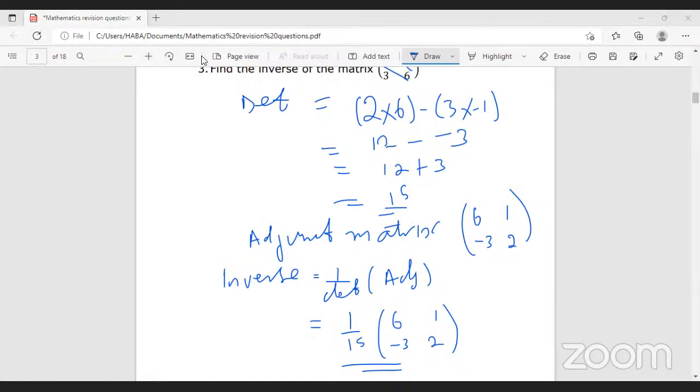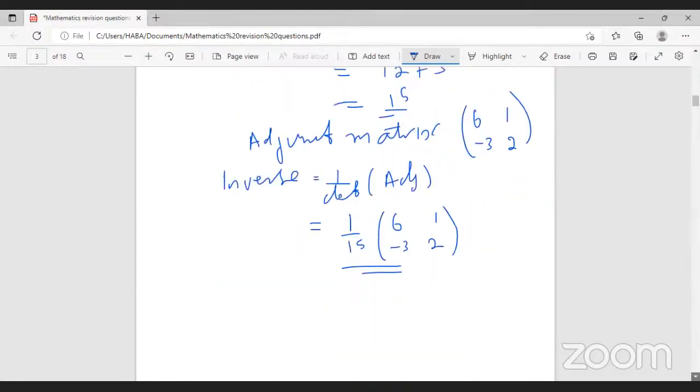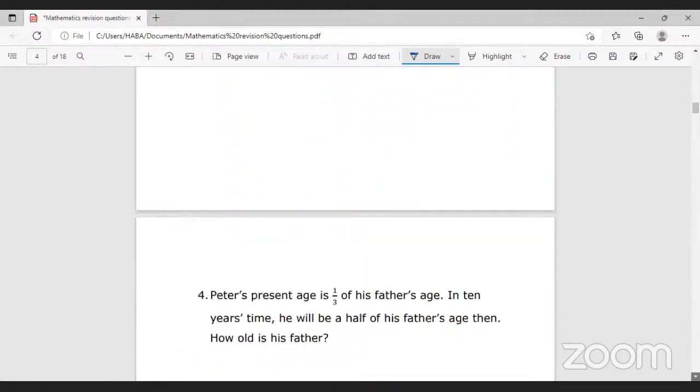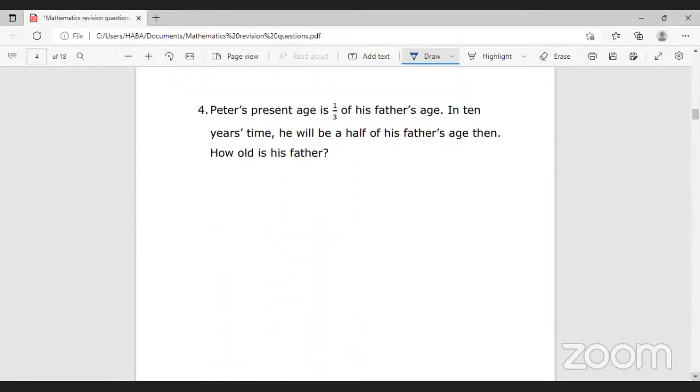I don't know what the problem could be. And we have a question number 4. Could you kindly read through it?